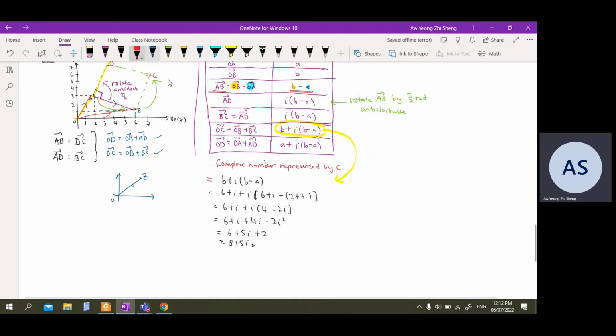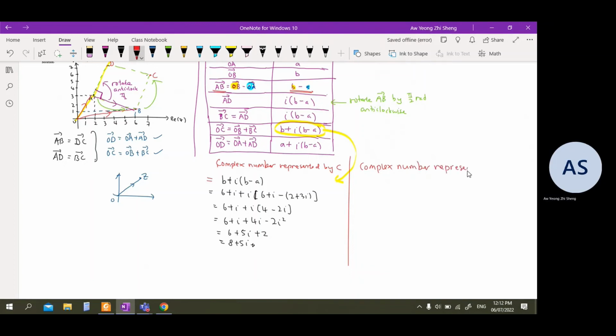Then now similarly, we can find the complex number represented by D. It will be just this number, just bring it down here. Because the complex number represented by point D must be the same as the complex number represented by the vector OD. So it's a plus i times (b minus a) here.